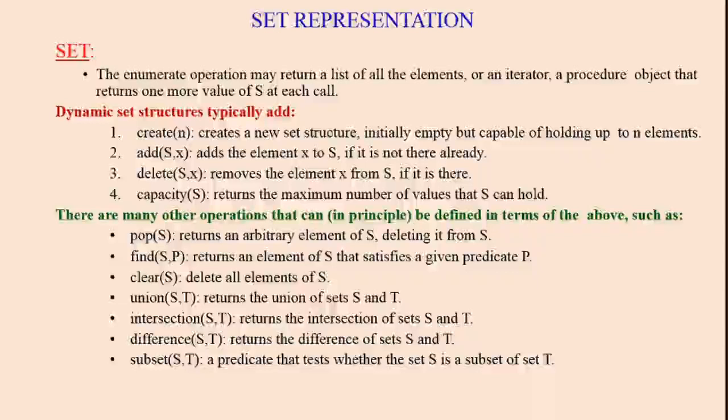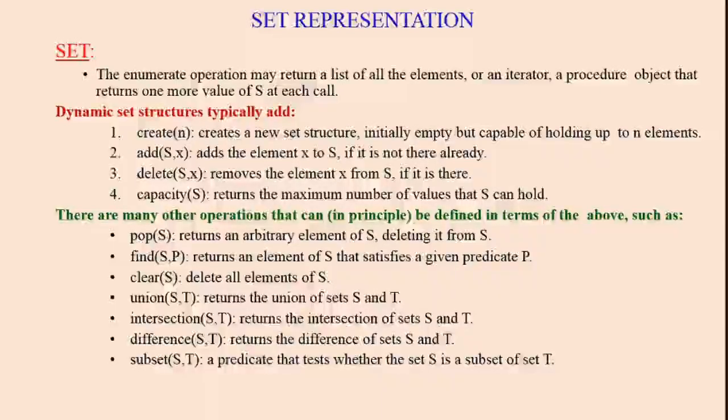Then dynamic set structures. This will typically add, the first one is create of n. This will create a new set structure. Initially this will be empty but capable of holding up to n elements. The second one is add of S comma x.